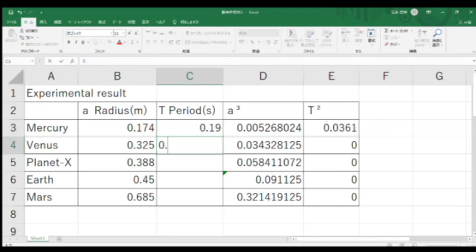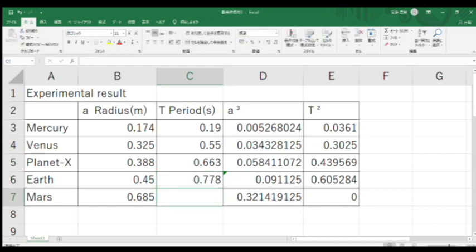Venus 0.550, Planet X 0.663, Earth 0.778, and Mars 1.453. Next, let's make this a scalar graph.